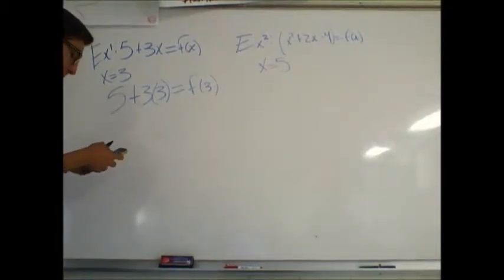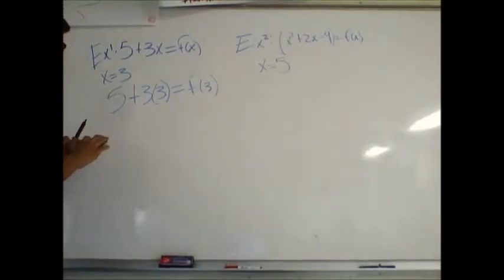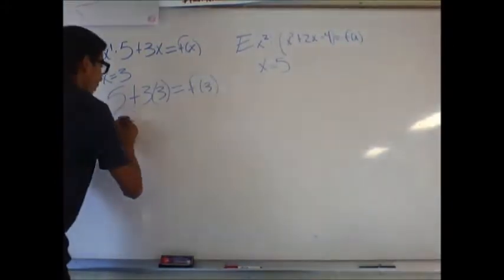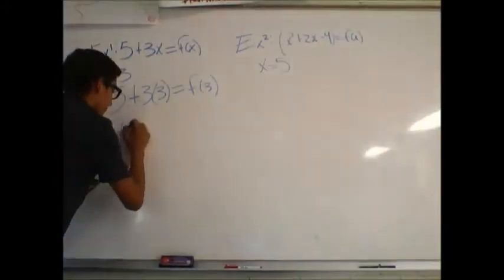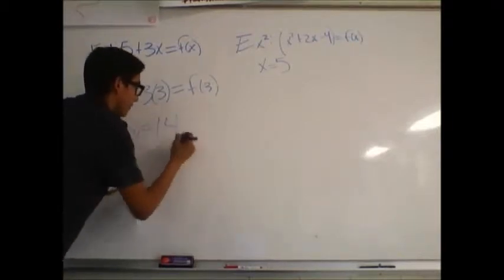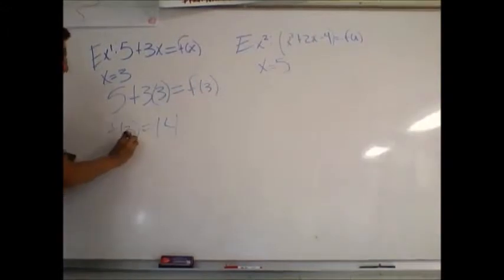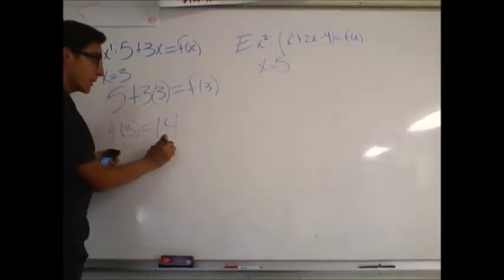So we basically put in the calculator 5 plus 3 times 3 and equals 14. So f of 3 will equal 14. That's example number 1. So kid 3 is going to get candy number 14.